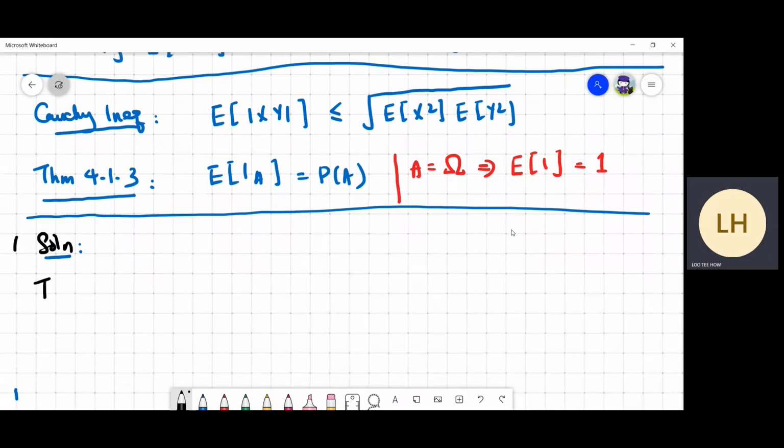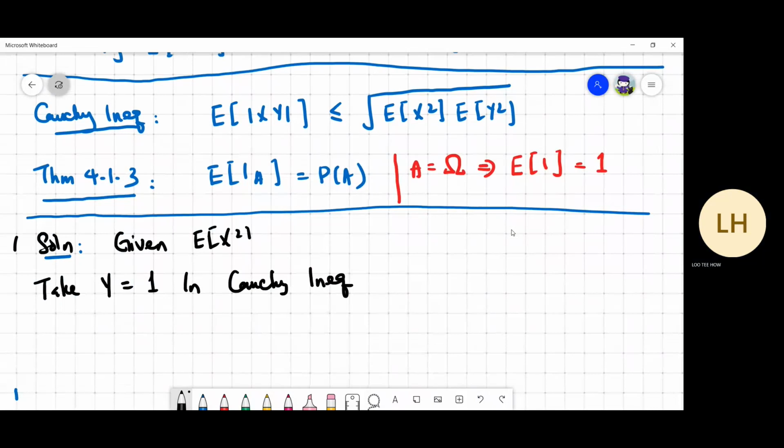What we can do is take y to be 1 in the Cauchy-Schwarz inequality. First we have to recall our hypothesis. Given that E of x squared is not infinity, this simply means that x belongs to L2.